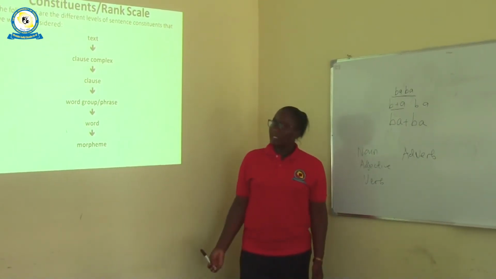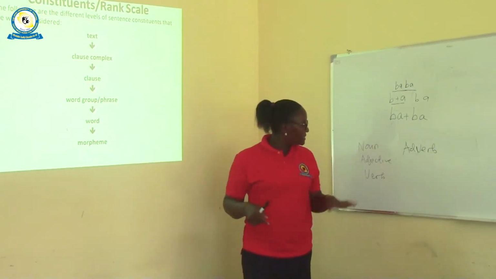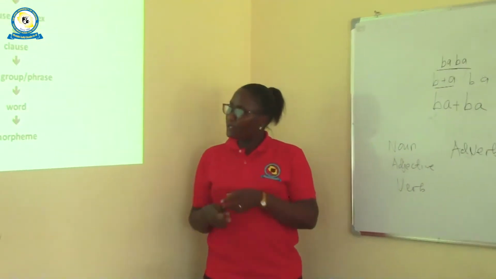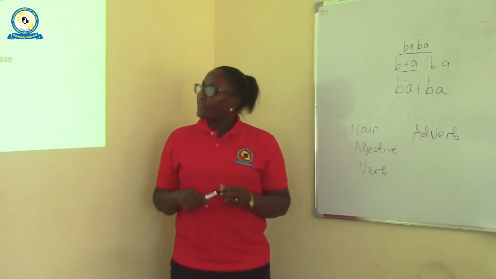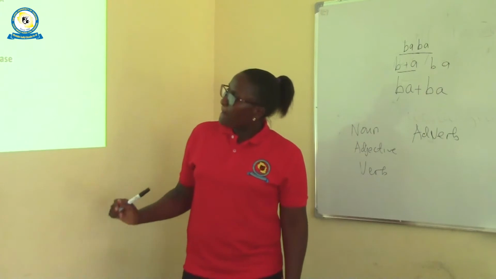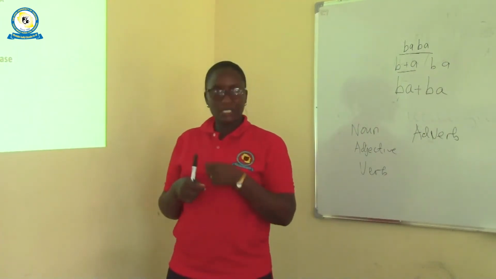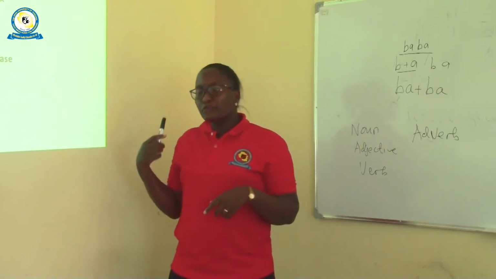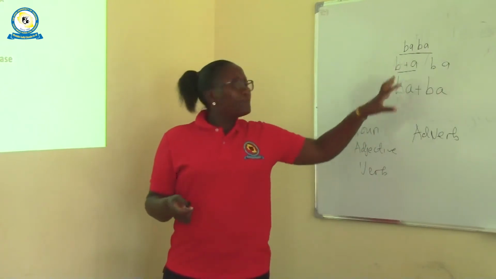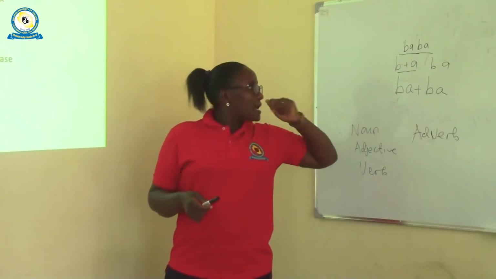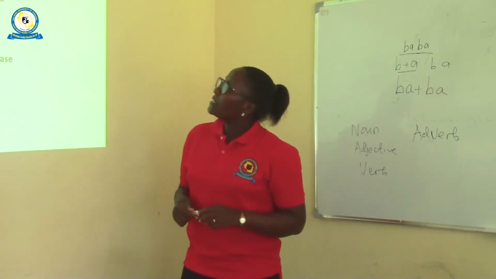Now, a word is the meaningful unit. These are words that help us, the noun, the adjective, the verb, the pronoun, that when we put them together, they help us to get a better understanding. We are able to construct sentences together and produce as many sentences as we can because of this ability that is in human language.